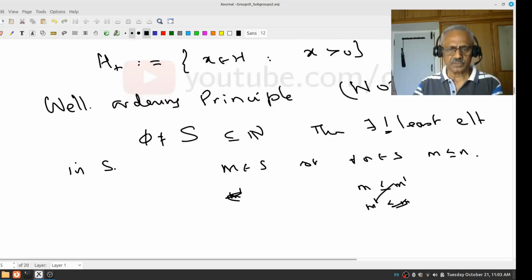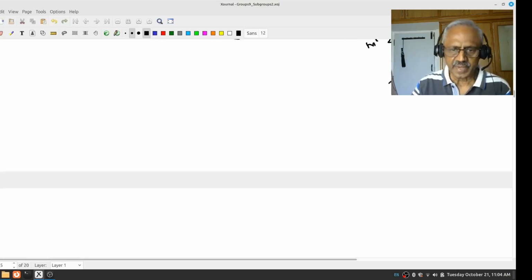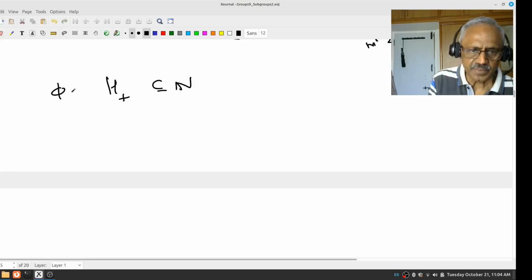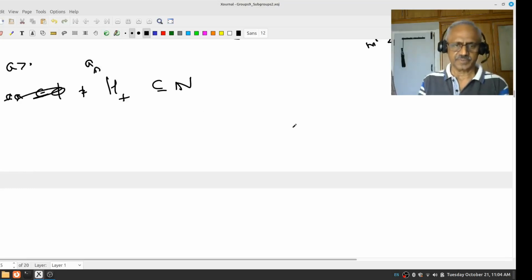If you have gone through my elementary number theory, this is the first starting point of natural numbers. Right, now let's go to H plus. So H plus is a subset of natural numbers. It's non-empty because either A or minus A belongs to H. Let's say A is positive, then A belongs to H plus. Therefore, it's non-empty.